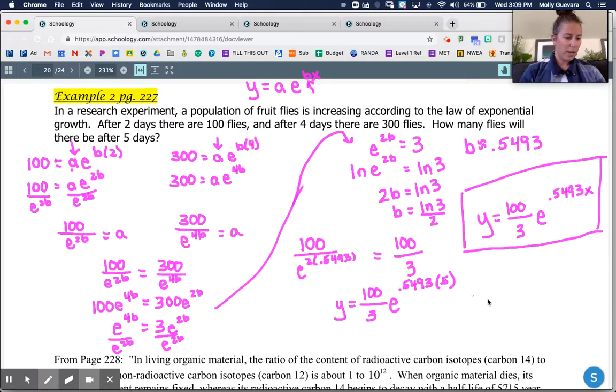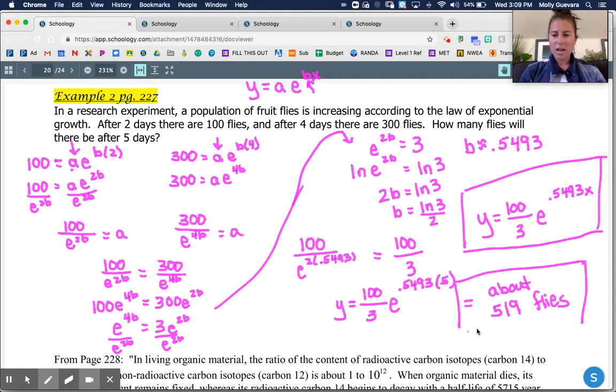And if I use my handy dandy calculator, I'm going to get about 519 flies. So in order to find out how many flies there are on the 5th day, I needed to write the equation so that I could use the equation to find it.